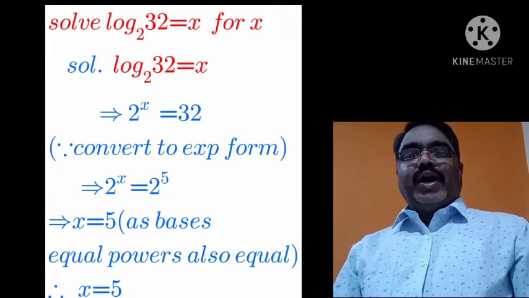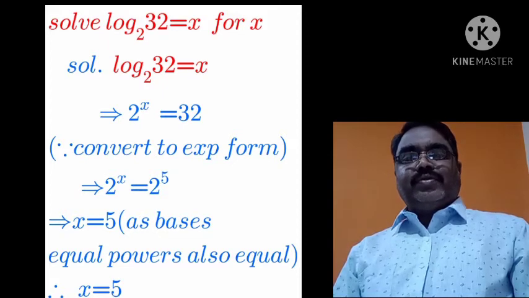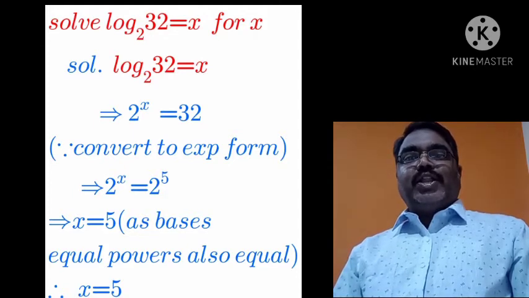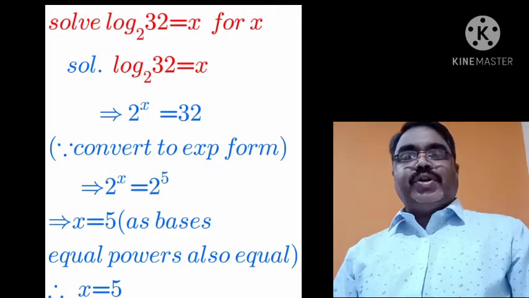We convert this logarithmic form into exponential form, that is 2 to the power of x equals 32. The base is 2 here. The value of n is 32.